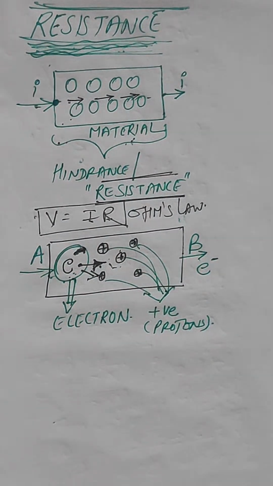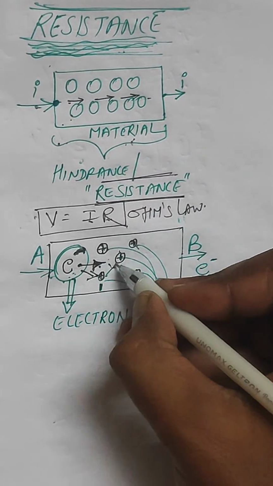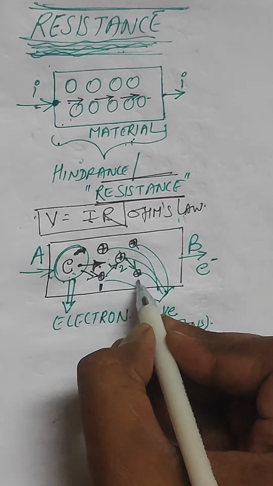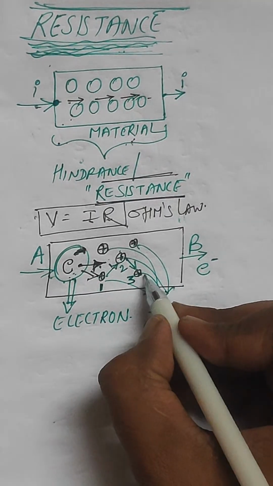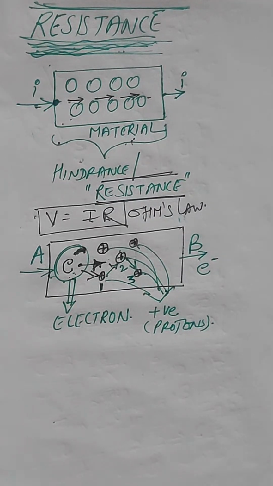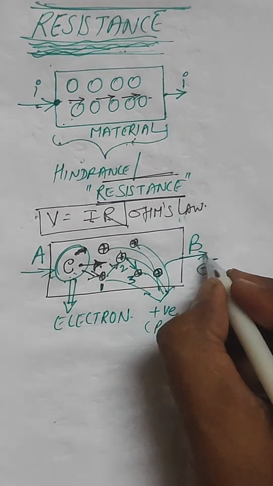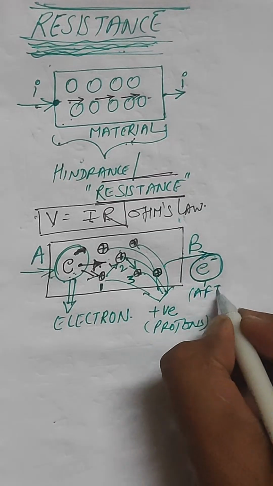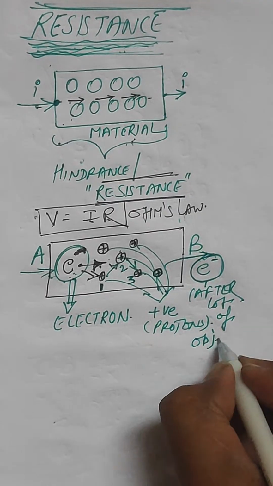Again after this it may reach the second point, then again it needs to struggle with another proton, and after that it needs to go to the next one, where it needs to struggle with the third proton, and likewise after a lot of struggles with all those protons, this electron is emitted here after a lot of objections.